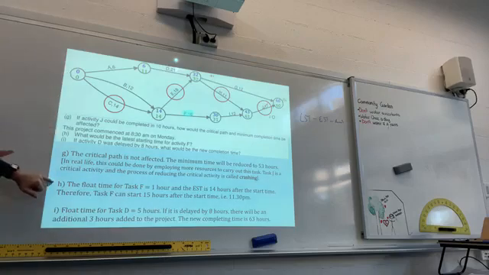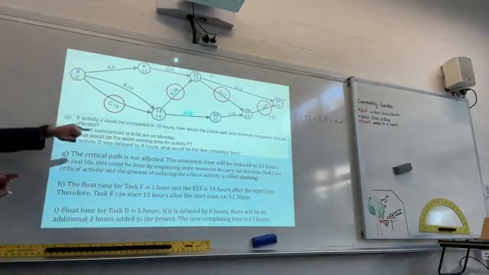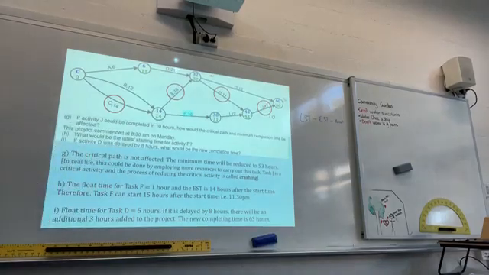Now, the float time for task F is 1 hour. And the EST, the earliest start time, is 14 hours after the start time. So 14 hours after 8:30, what time is that? You should be able to count.